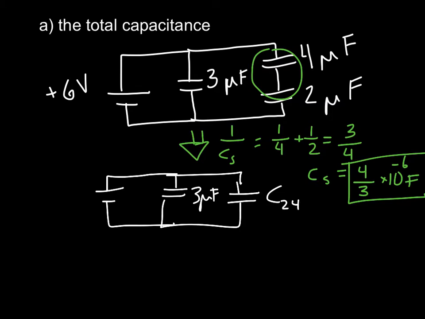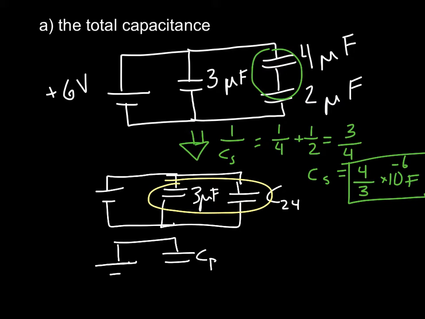Alright, so now we have this. We have one further reduction, because now you can notice that these two are in, how are these wired? They are in parallel. So if we look at this, here's your battery. This is your C parallel, which is the C for the entire circuit.